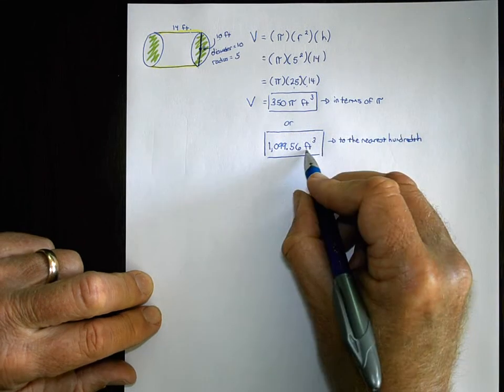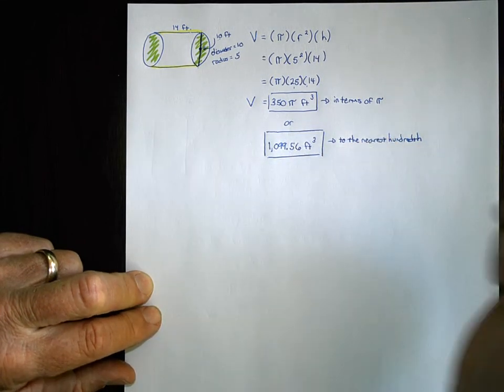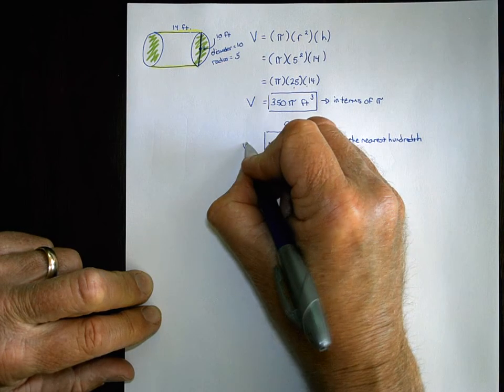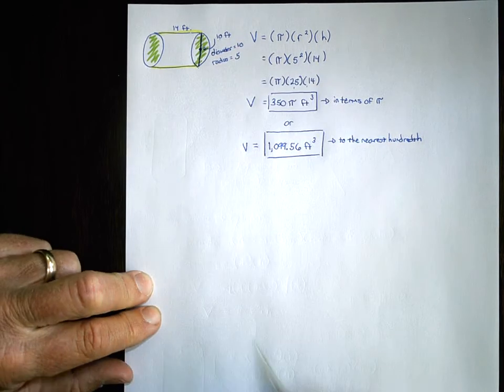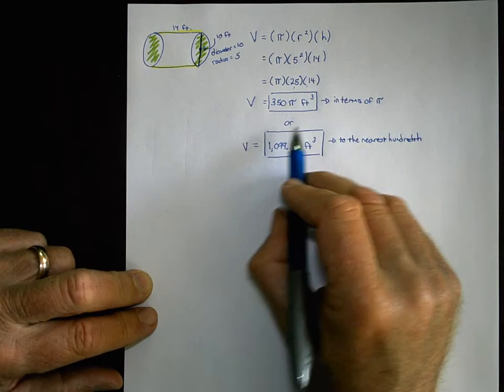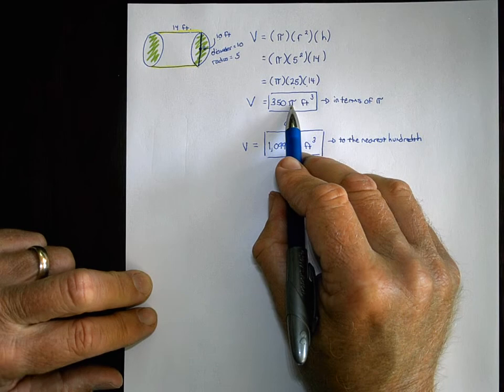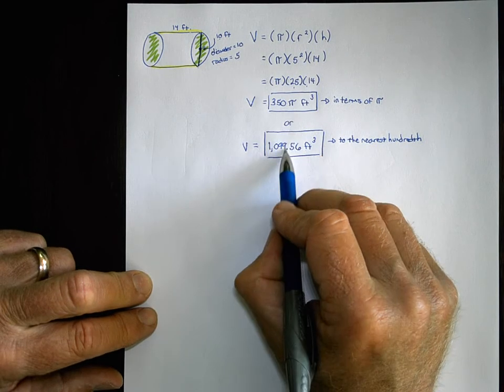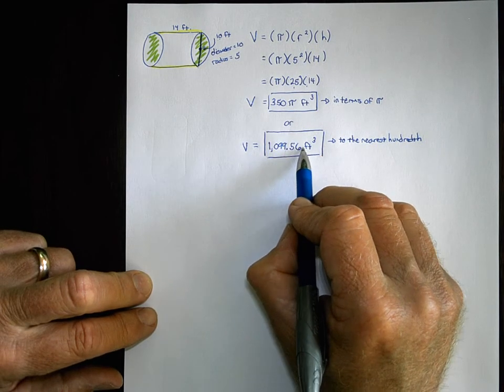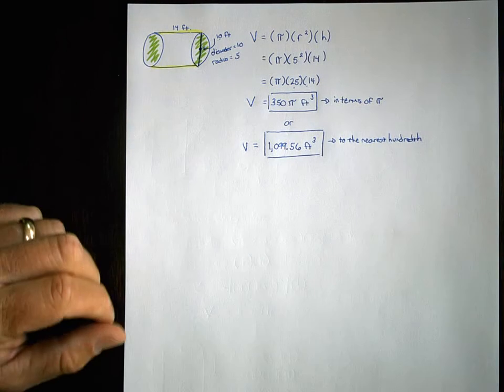Both of these are virtually the same answer. Okay, both of these are the volume of this cylinder. However, the 350 pi is actually a little bit more accurate than the 1099.56. But either way, that's how you would find volume for a cylinder.